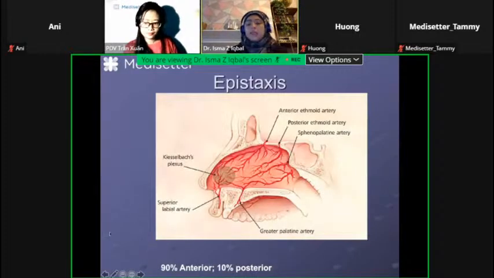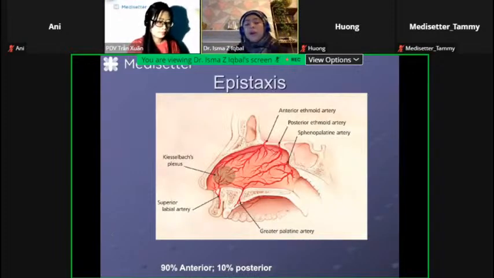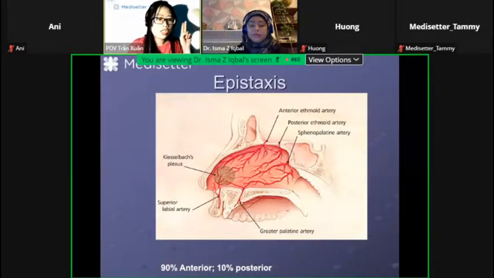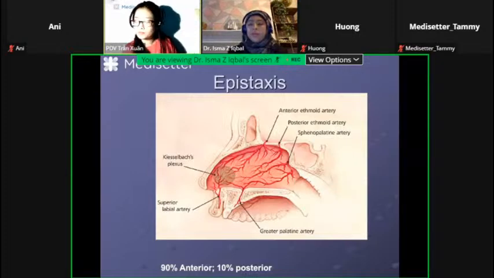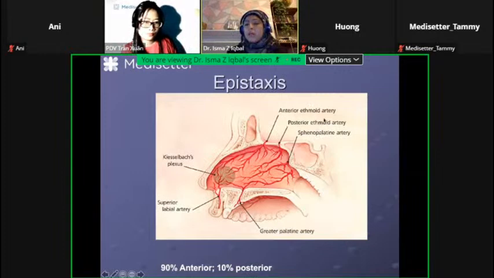Now, the nasal anatomy has a lot of different blood supply coming from the external carotid and the internal carotid arteries. The anterior and posterior ethmoid arteries come from the internal carotid artery complex.